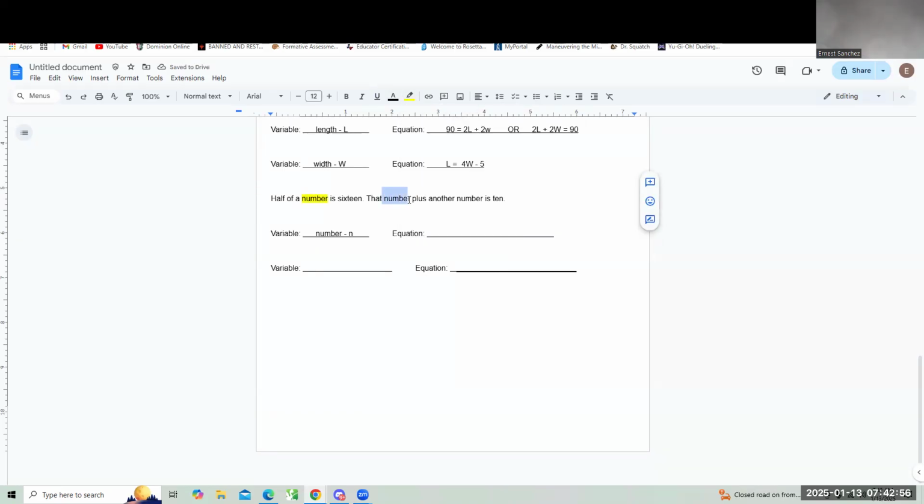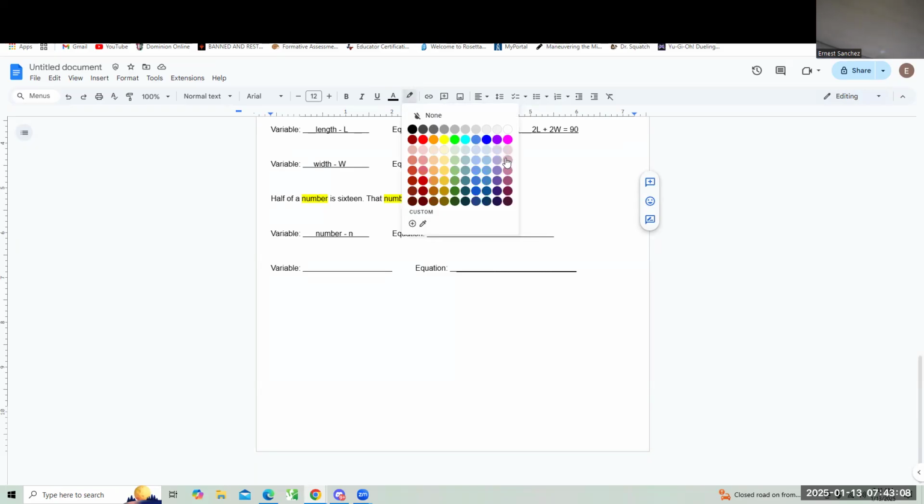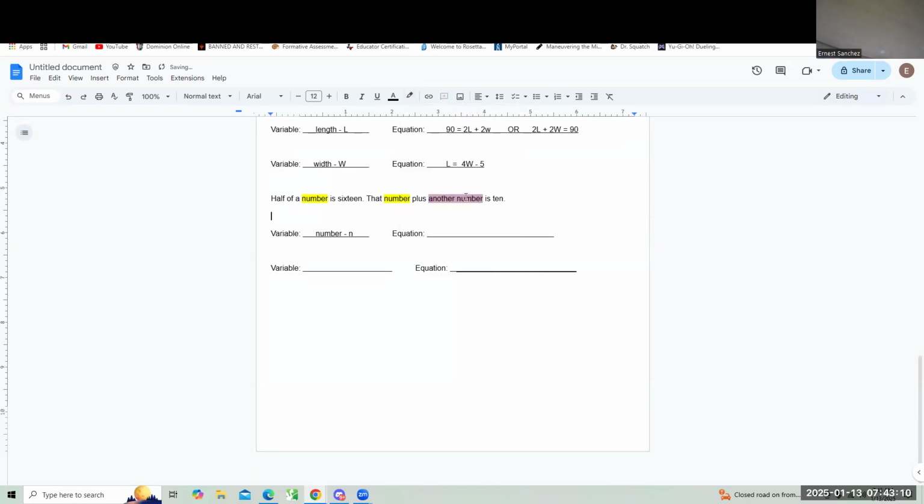They say a number here twice, and then they say here's another number. Another number is different, okay? They're saying like this is y. So this is a completely different one. So another number is your other variable. I'm going to put a.